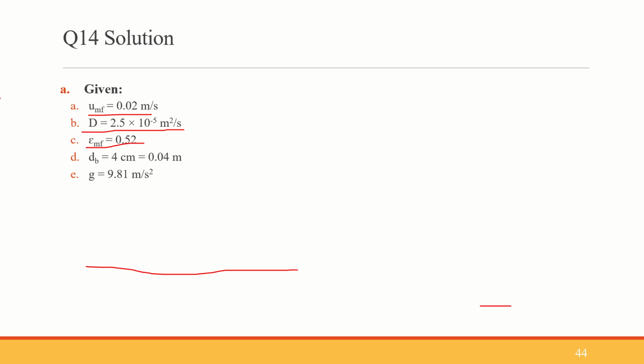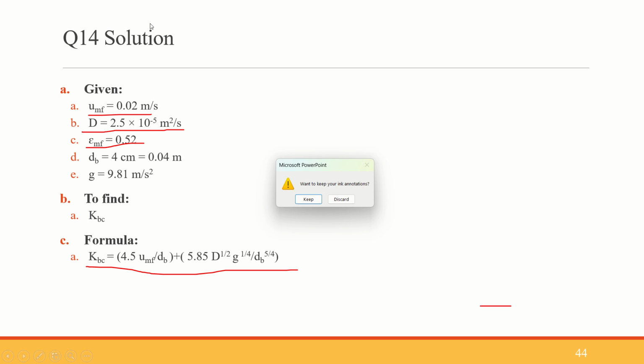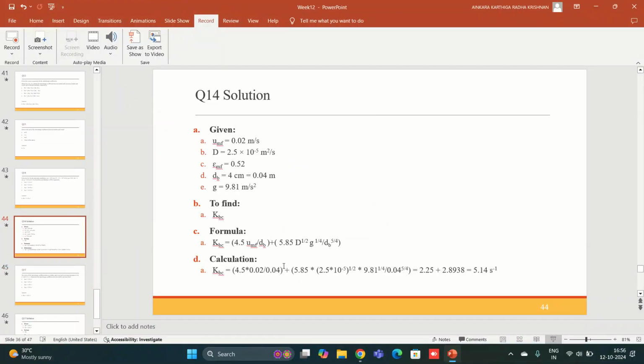So we have written the given, and we are asked to find KBC, that is the interchange coefficient between the bubble and cloud. And formula is KBC is equal to 4.5 into UMF divided by dB plus 5.85 into D to the power of 1 by 2 G to the power of 1 by 4 divided by dB to the power of 5 by 4.